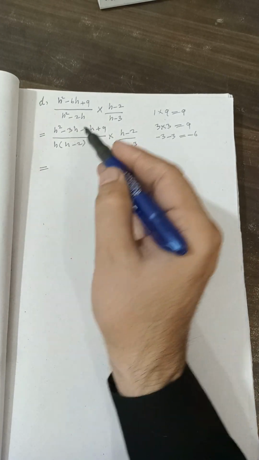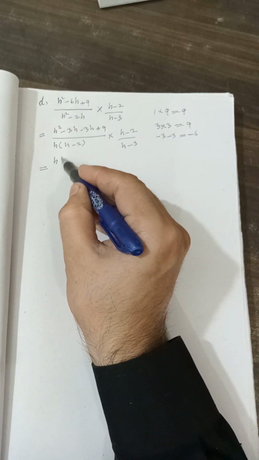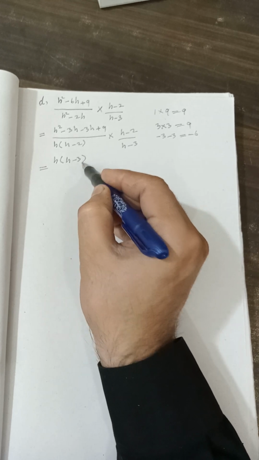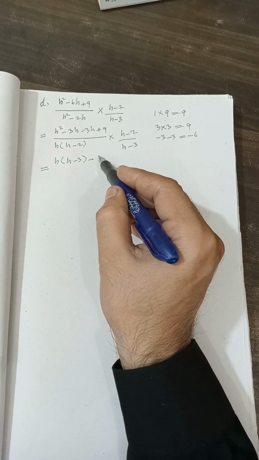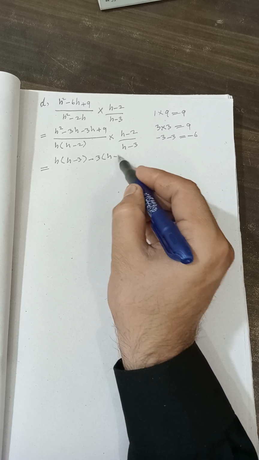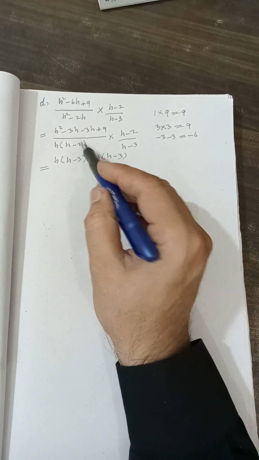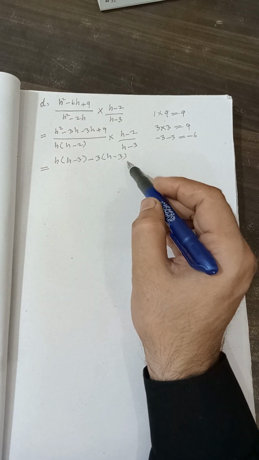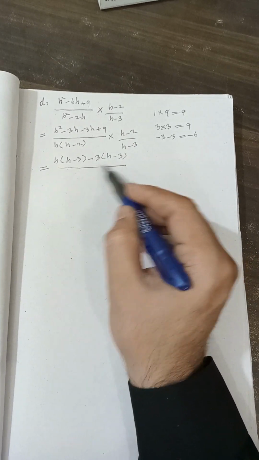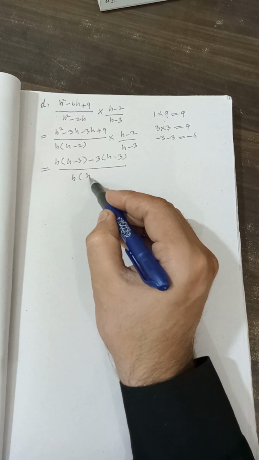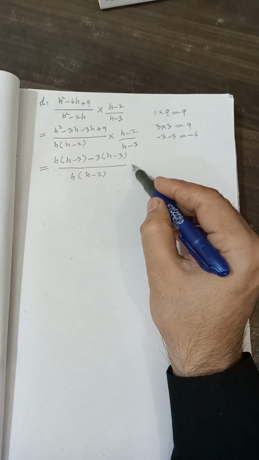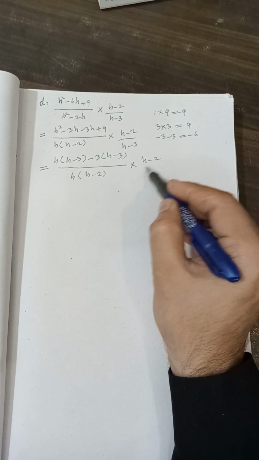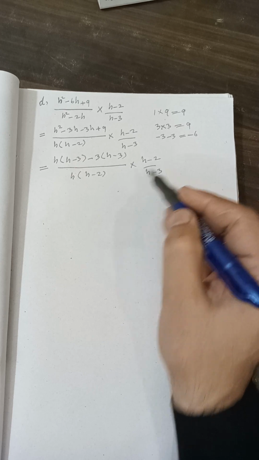Now from this one, take h as common, h minus 3 will remain inside the bracket, and minus 3 as common, h minus 3 will remain inside the bracket. This minus sign changes the inner sign, and plus sign has become minus sign. And in the denominator you will write the same h minus 2, while here h minus 2 over h minus 3.